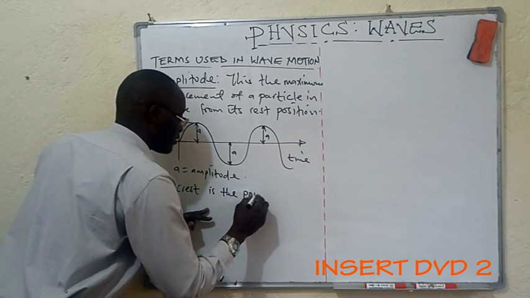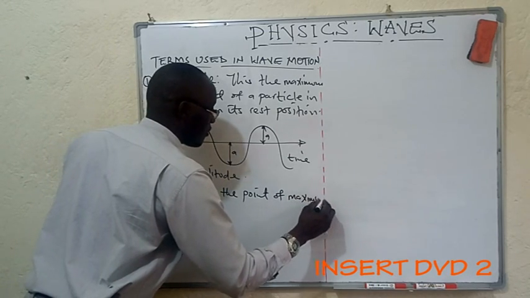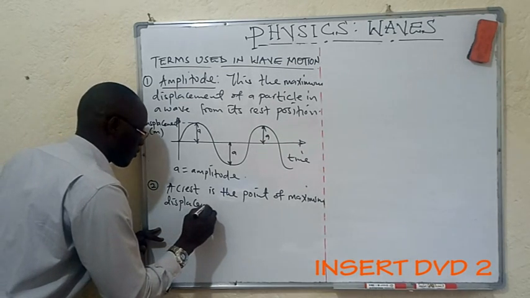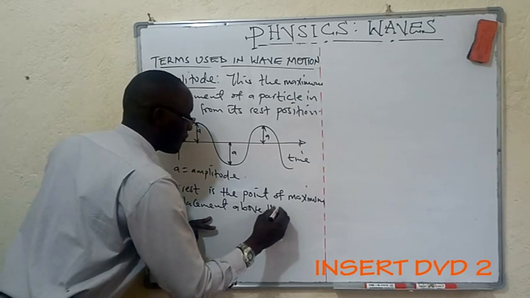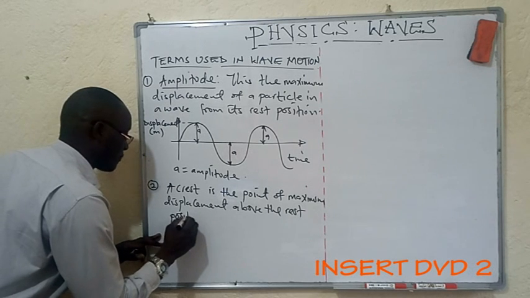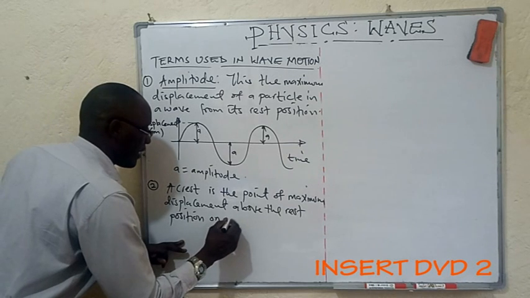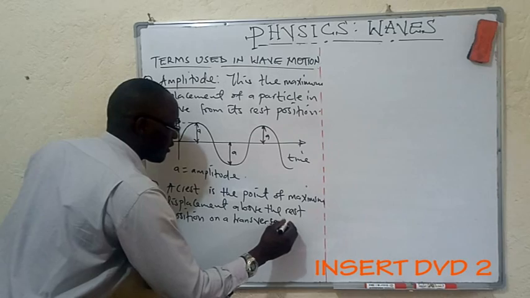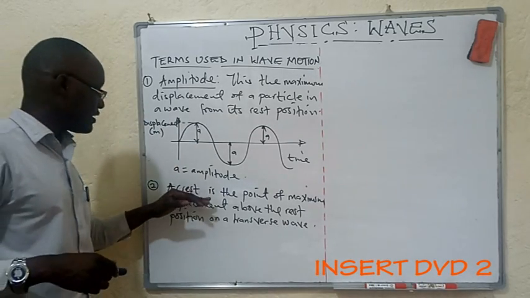So a crest is the point of maximum displacement above the rest position on a transverse wave. So for longitudinal, we shall not find a crest.